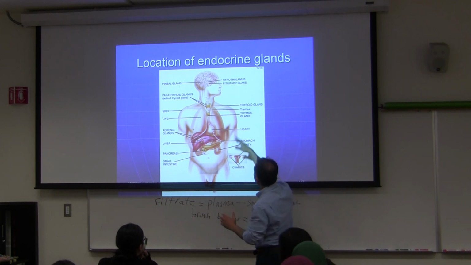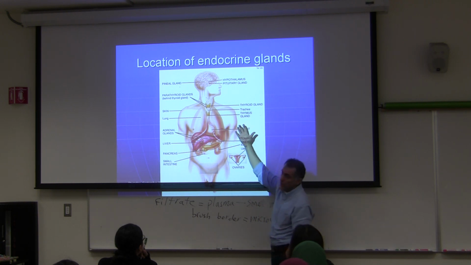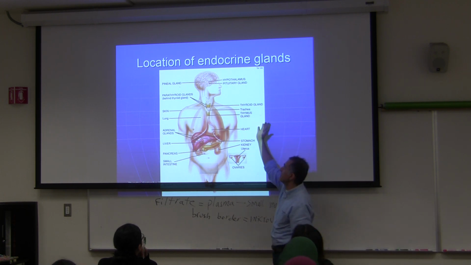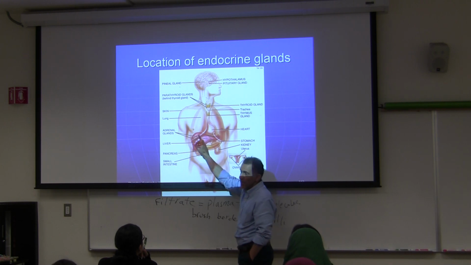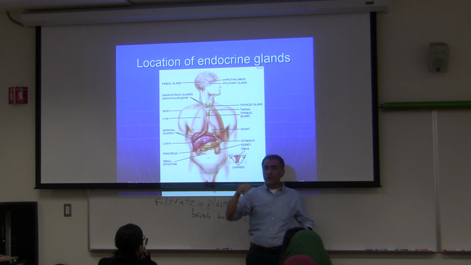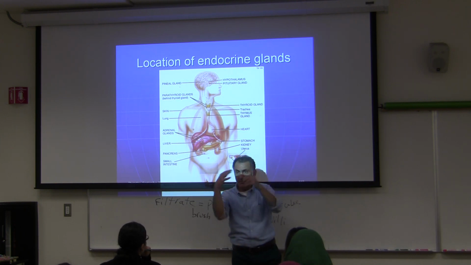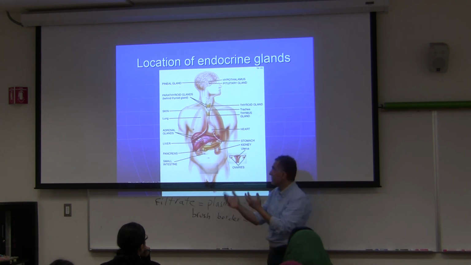And then anyhow, we have the hypothalamus and pituitary gland. Some textbooks call the hypothalamus the master gland, some call the pituitary a master gland, whatever. The pineal gland, I'm not going to say much about it, but pretty much the pineal gland is responsible for your biological clock. If you go to Europe, right now it's night there and daytime here, so your sleep gets all mixed up until a few days later, then your sleep comes back.